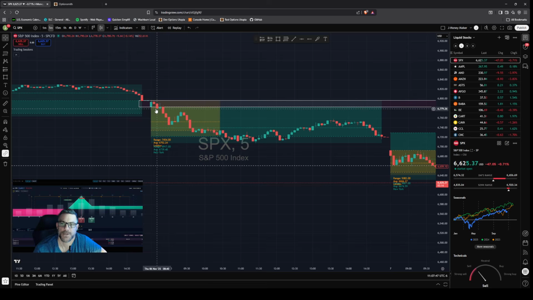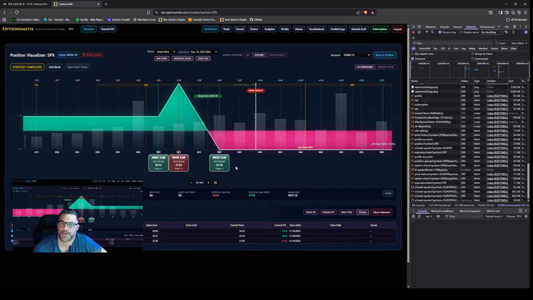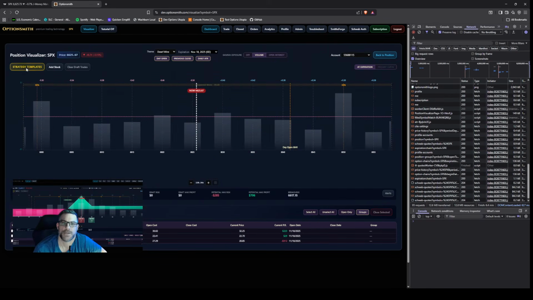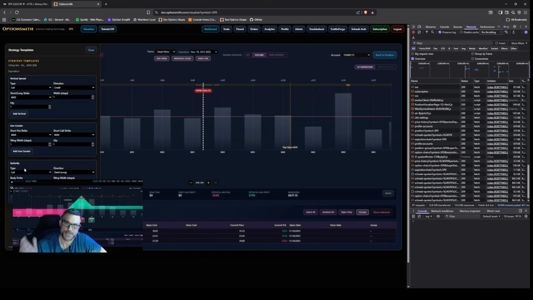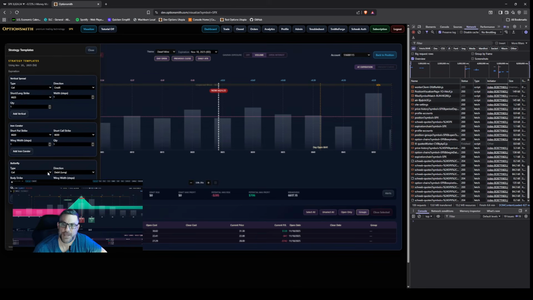So if it closes below like this, then I'm going to go in and create a bearish broken wing butterfly, which means I'm going to use calls because then the premium works out. So the extrinsic value is there and decaying if the stock goes down. So I use calls for the bearish broken wing butterfly, puts for the bullish.